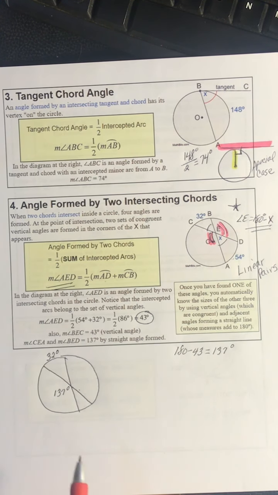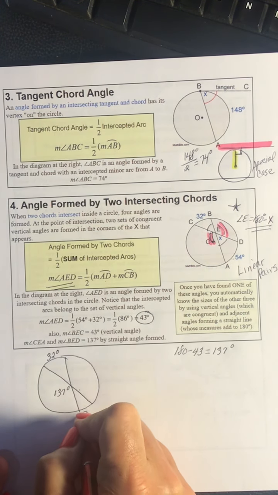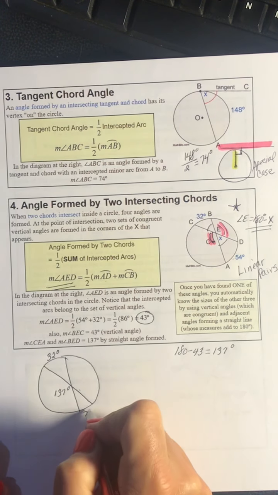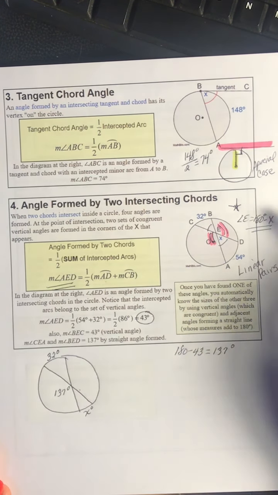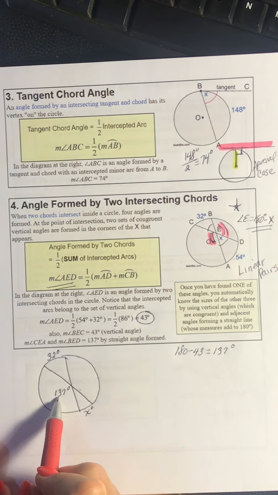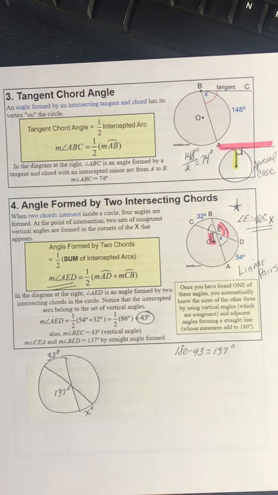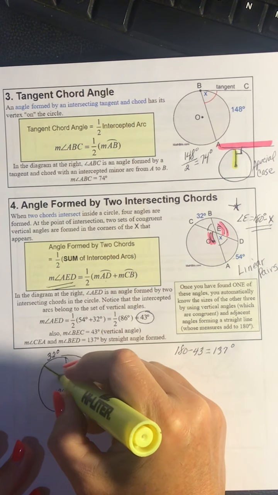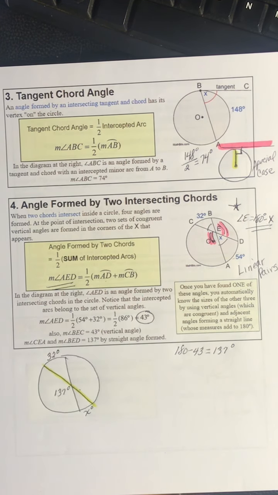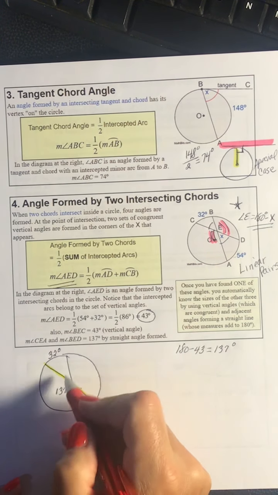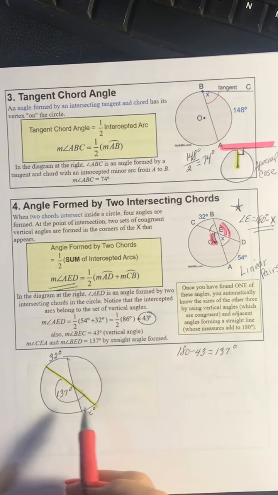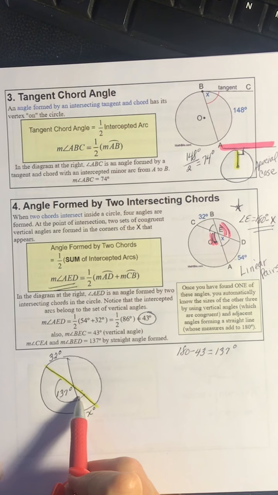Okay, so they give me this arc, they give me this angle, but they're looking for this arc over here. So putting this whole linear pair idea into place, if we know that this angle is 137, well, it forms a linear pair with this segment, so we can find this measure right here.